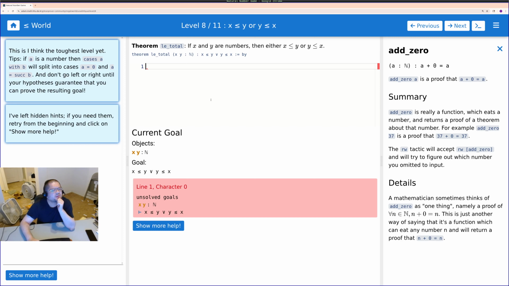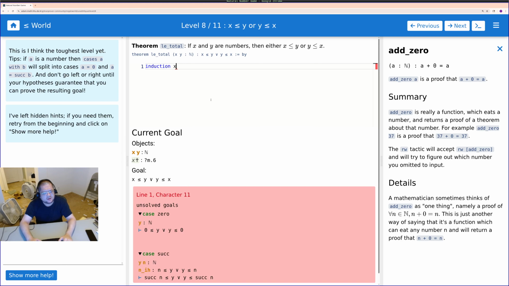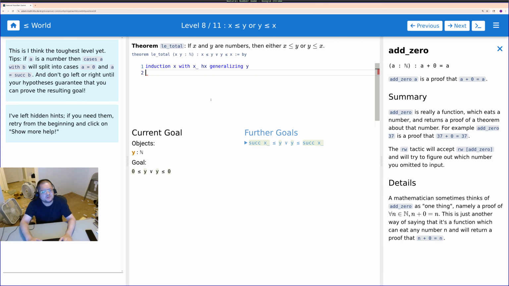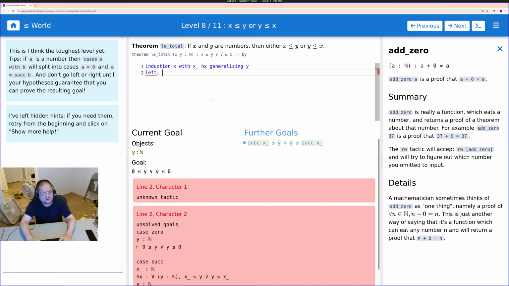It's the toughest level yet. If a is a number, then cases a will split into a equals 0 and a equals successor b, and don't go left or right until this. Reduction x. I think this is what I want to do. So we're going to go left.